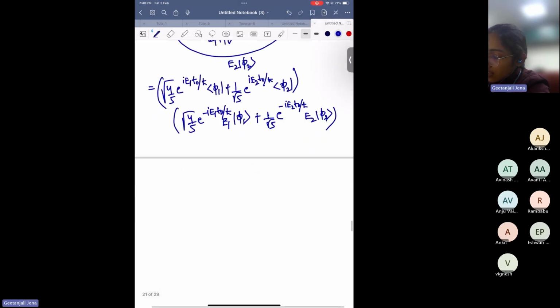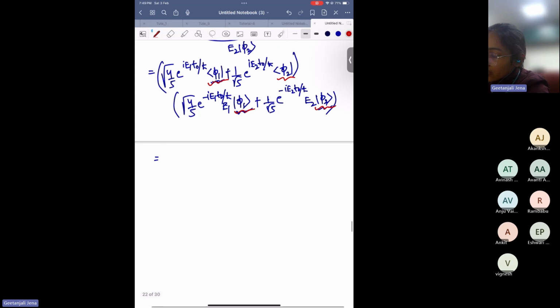Now you see that the inner product of this term with this is non-zero, and the inner product of these two terms is non-zero. The cross term inner product will be 0, or if I take the inner product of this with this, it will be 0.